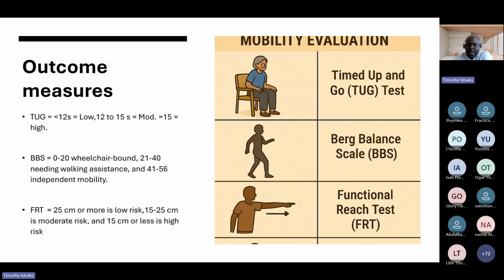So why the test, when you use it in your clinic, what are you trying to assess? The gait speed and probably the balance. And is there a number you're looking for, or are you just looking at it generally? Is there a cutoff mark?